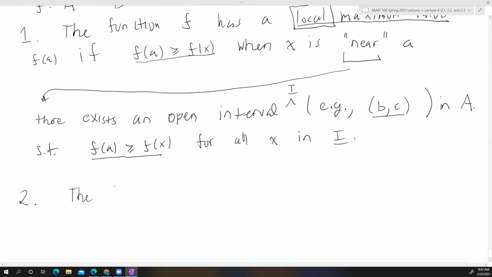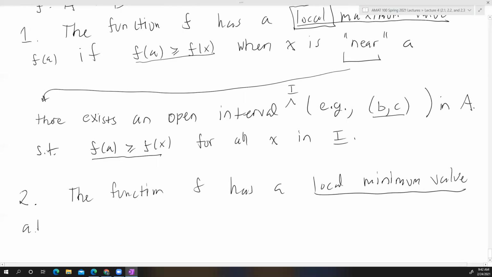So the function f has a local minimum value, and the local minimum value f of a if f of a is less than or equal to f of x for x, again, in quotation marks, near A. So the term near can be explicated in the exact same way as I did up here.